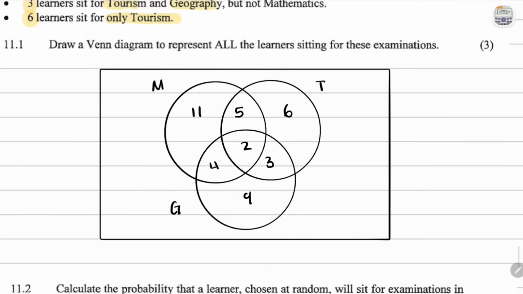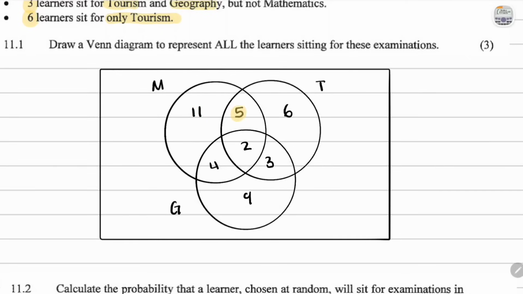So looking at this, let's just look at each of these numbers and just see how many subjects they sat for. These 11 learners, how many subjects did they sit for? Do you see that they are only in maths? Okay, they're not in the mixture of maths and tourism or anything like that. So these learners sat for 1 subject.